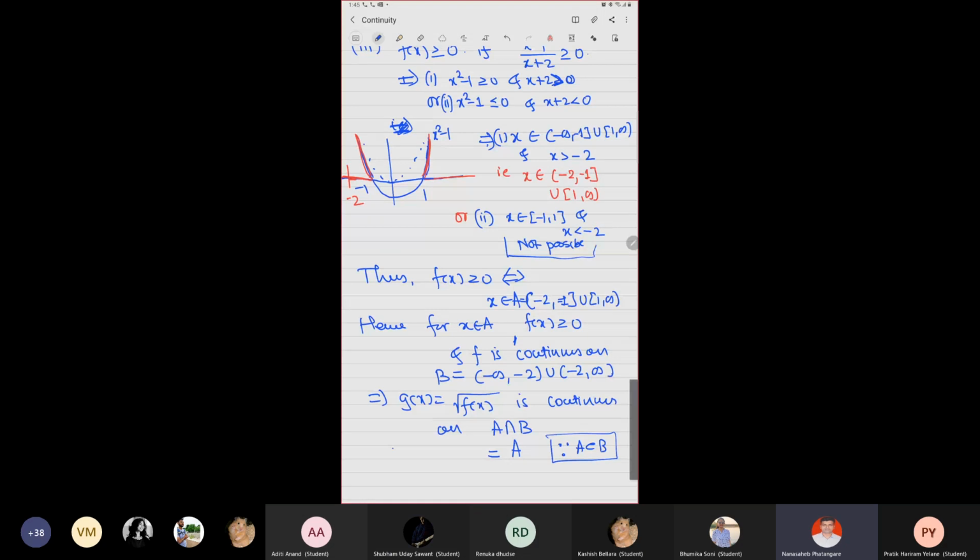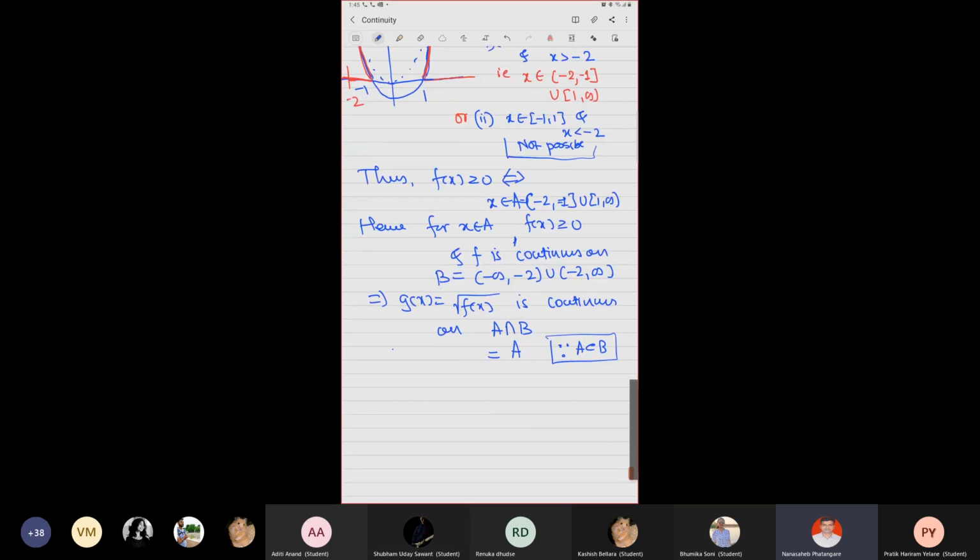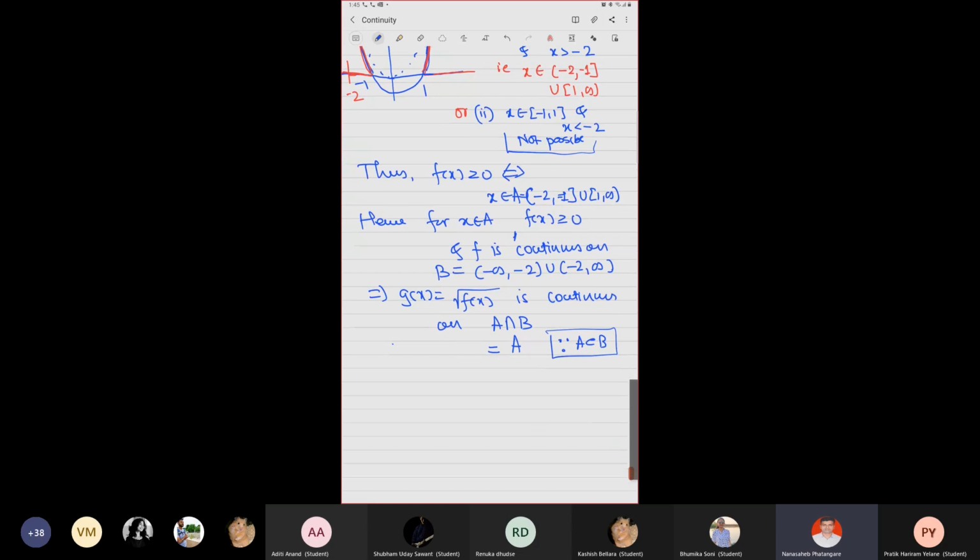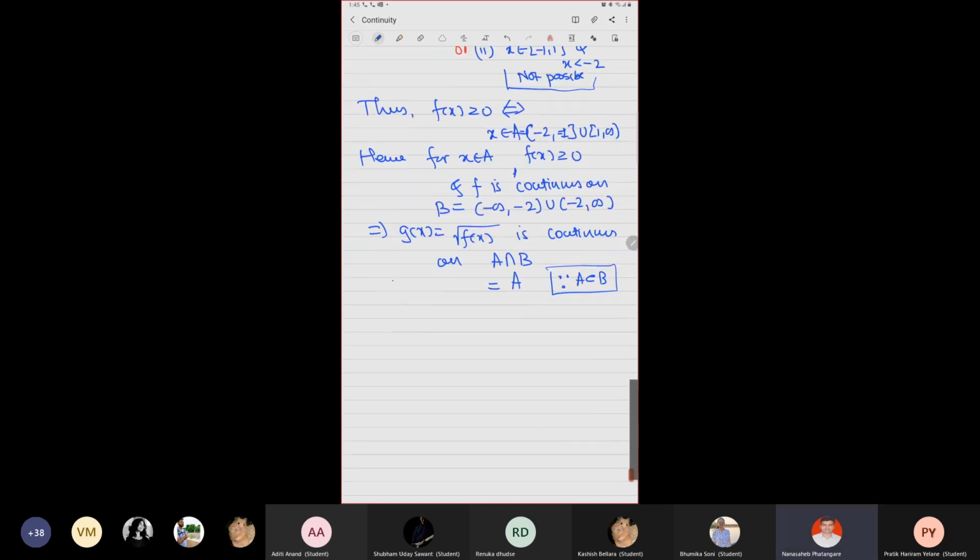So you have to go step by step and understand the continuity of this function or any kind of function. But this can be understood easily. So, due to the next theorem, what is a composite function?